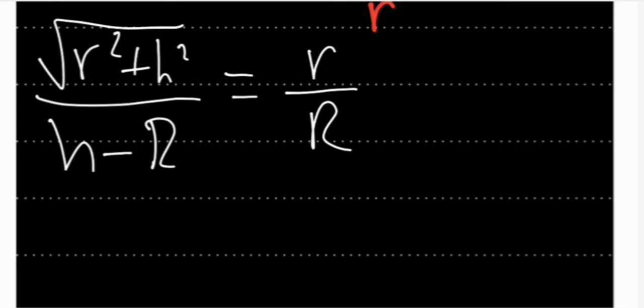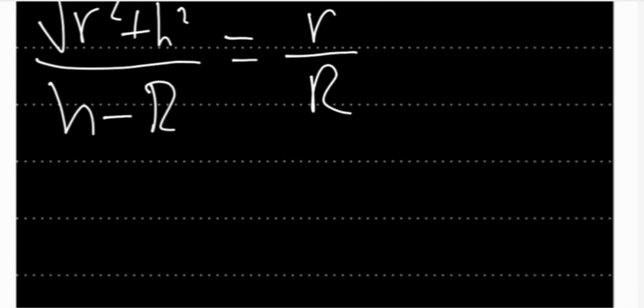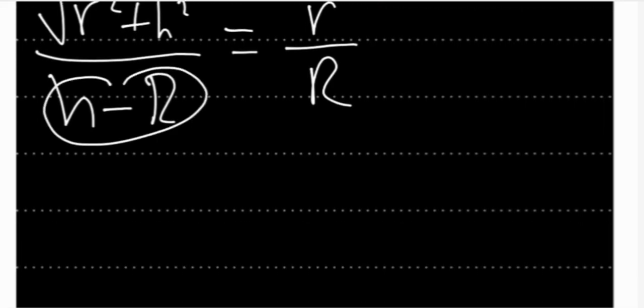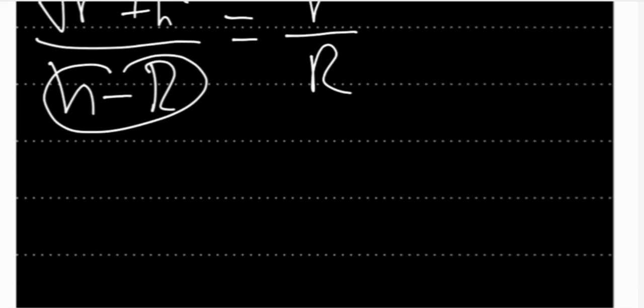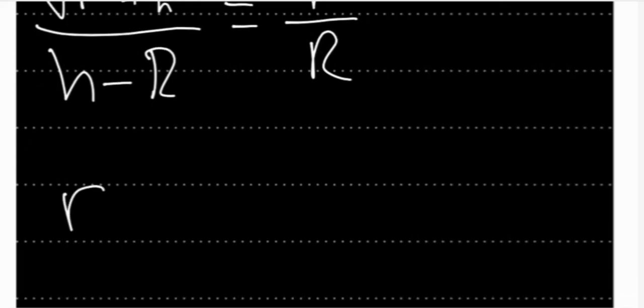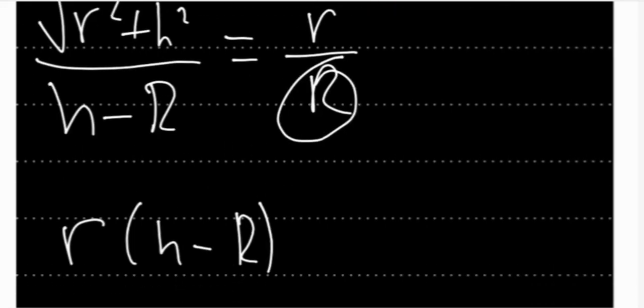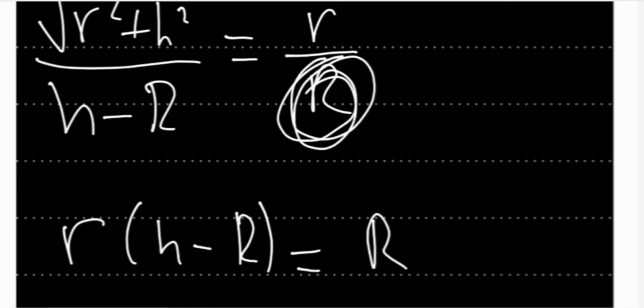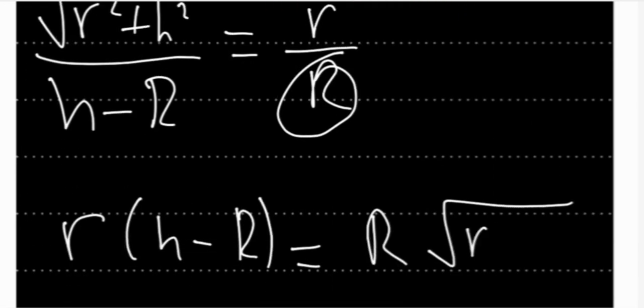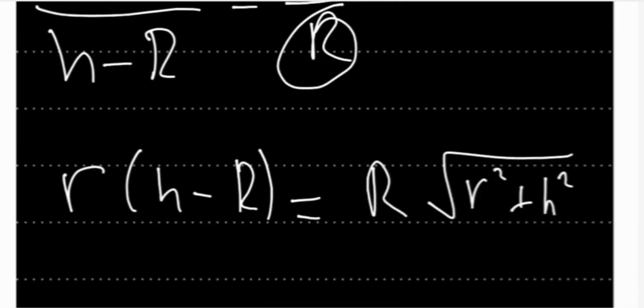So let's solve. I'm going to take this to the other side multiplying. So r multiplying by H minus R, and this will go to the other side multiplying, so we will have is equal to big R multiplying the square root of r squared plus H squared.